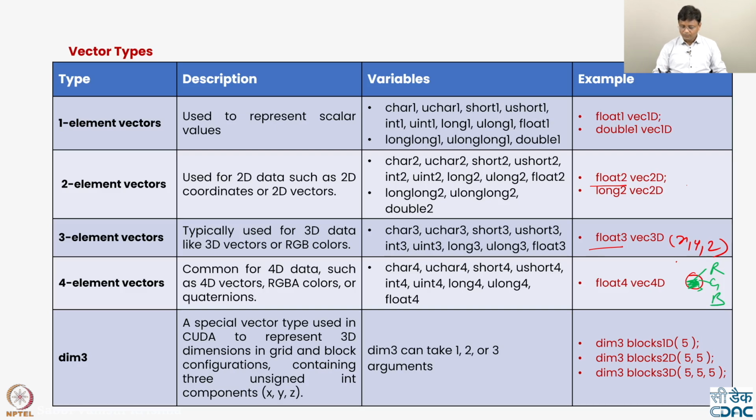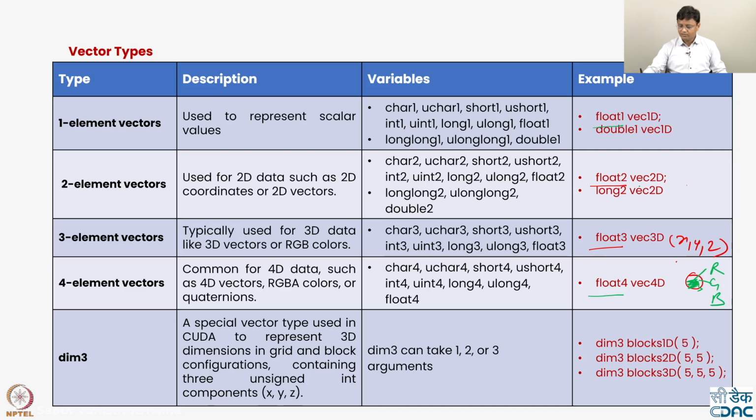So, with the help of such a 4 element vector, the 4 values can be stored in a variable which is declared with the help of float4. In simple terms, if I am using float1 and declaring a variable like vec1d, this variable is going to store only one value.